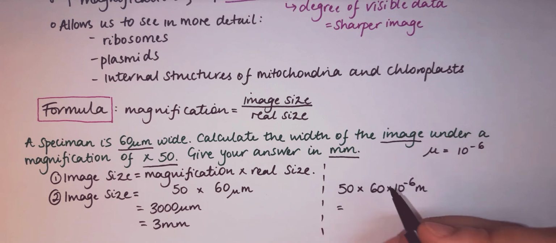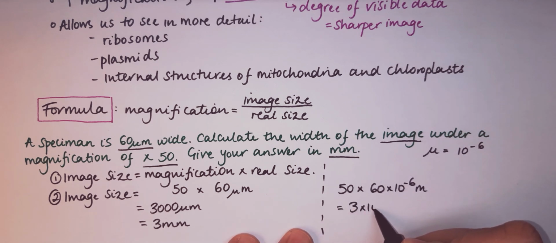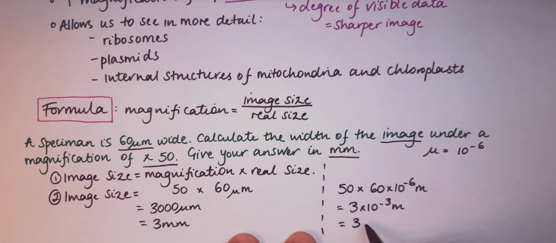We would get an answer of 3 times 10 to the minus 3 meters, which is in fact 3 millimeters. That's exactly the same thing, but instead of leaving 60 on its own, we've converted it into meters, and then we've gotten our answer. Both of these are correct. Whichever way you feel easier working with, just do that.